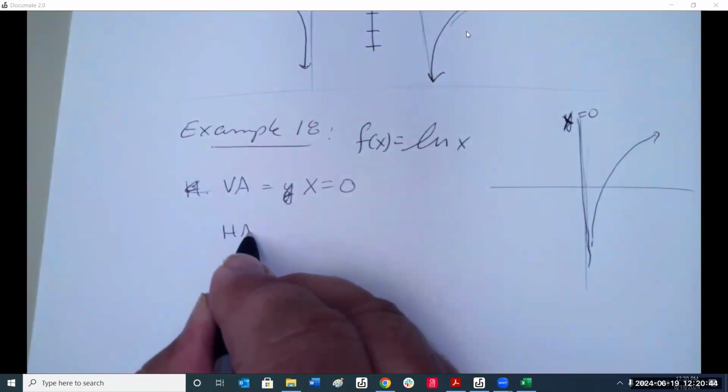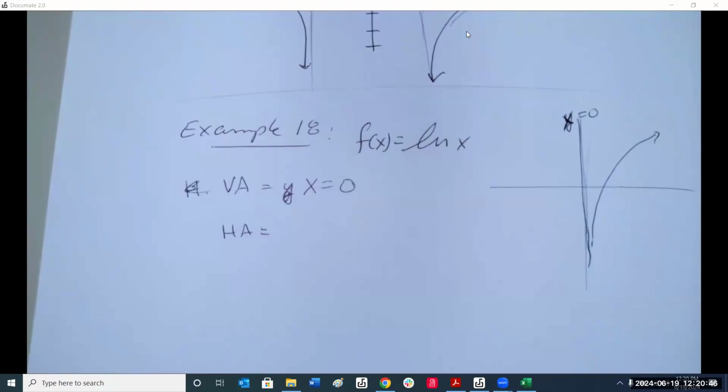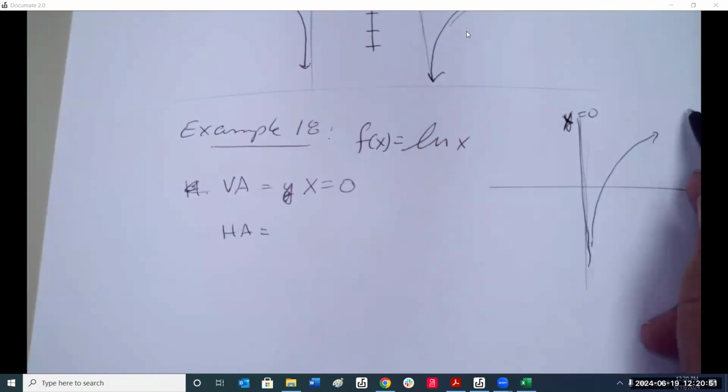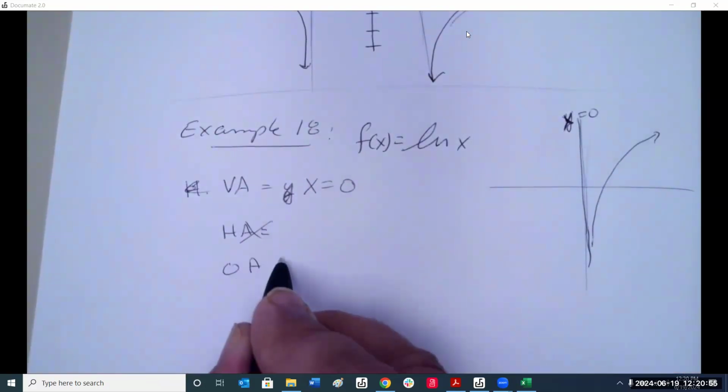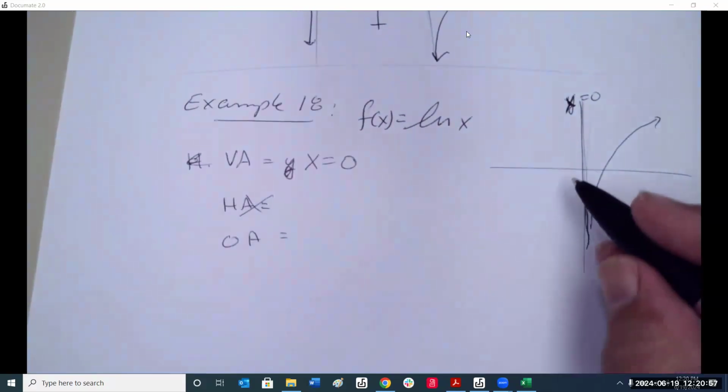Does it have a horizontal asymptote? No, because the function still keeps on going forever. Does it have an oblique asymptote? Yes.